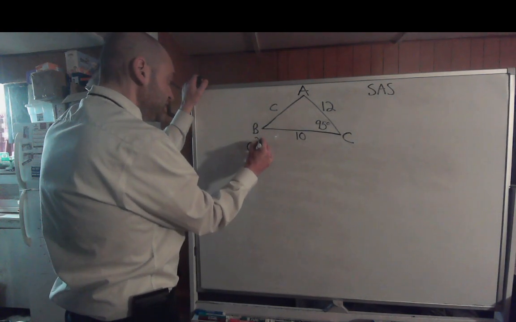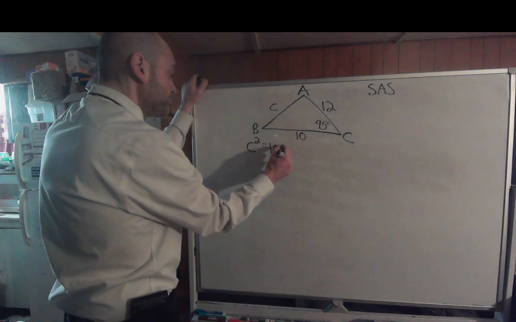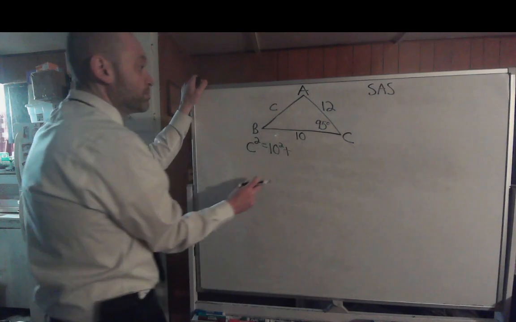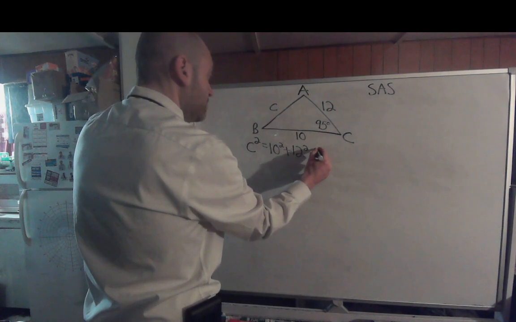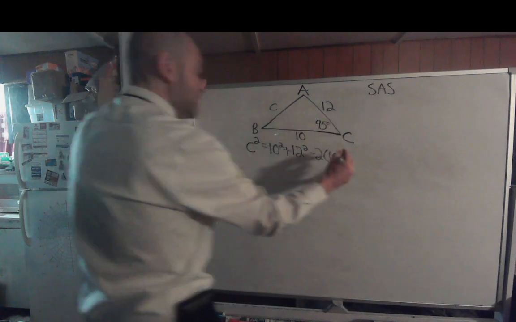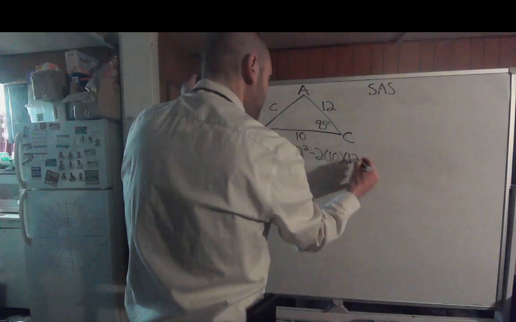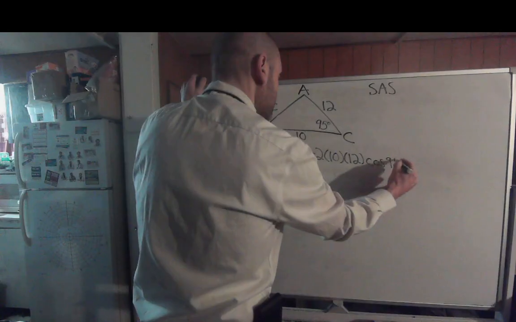So this would be C squared equals your A squared, which is 10 squared, plus your B squared, which is your 12 squared, minus 2 times your A of 10 times your B of 12 times the cosine of 95 degrees.